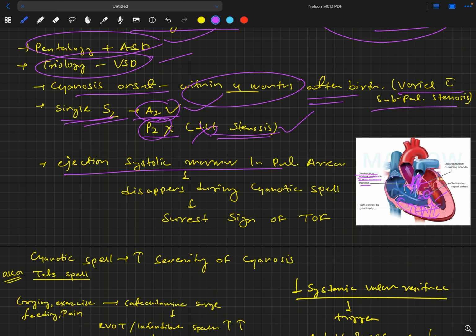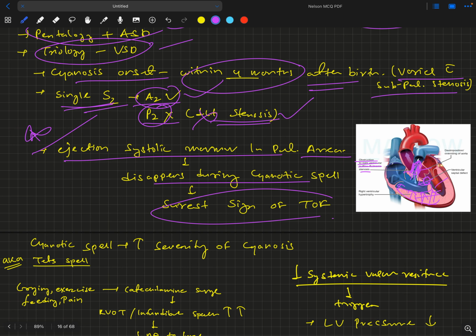Ejection systolic murmur when the blood is ejected from the right ventricle through the pulmonary valve to the pulmonary artery. There will be an ejection systolic murmur in the pulmonary area, which disappears during a cyanotic spell. So this is the most important point. You will always hear an ejection systolic murmur in the pulmonary area, but this ejection systolic murmur disappears during a cyanotic spell.